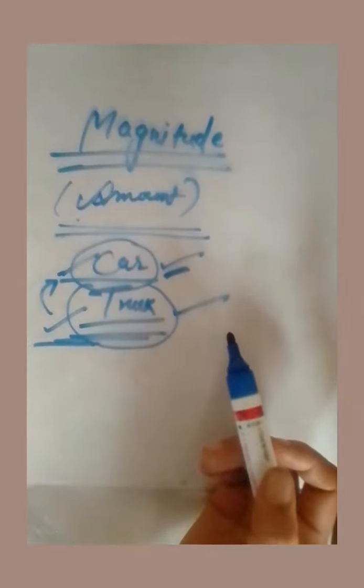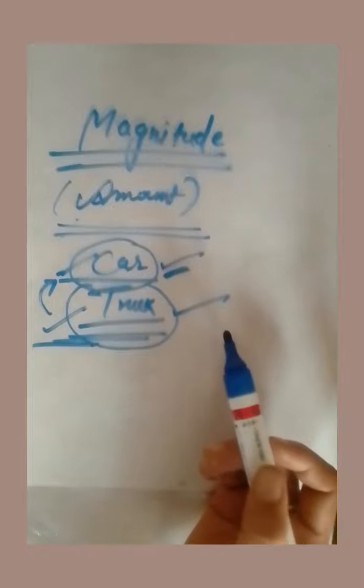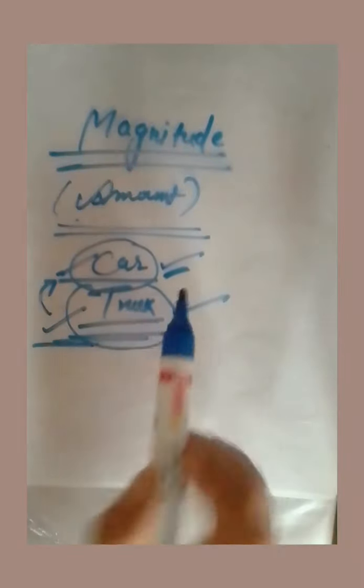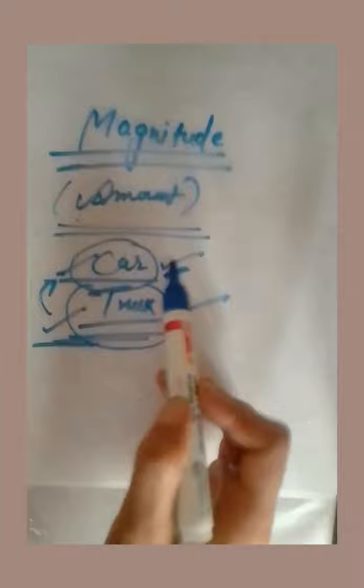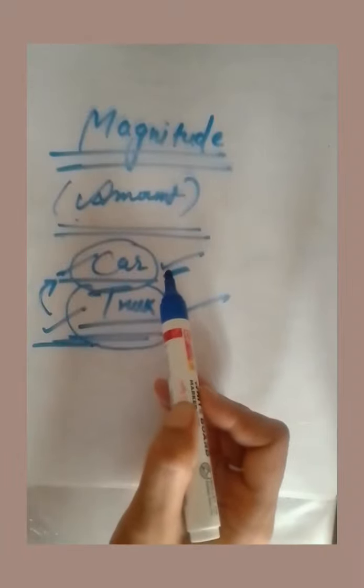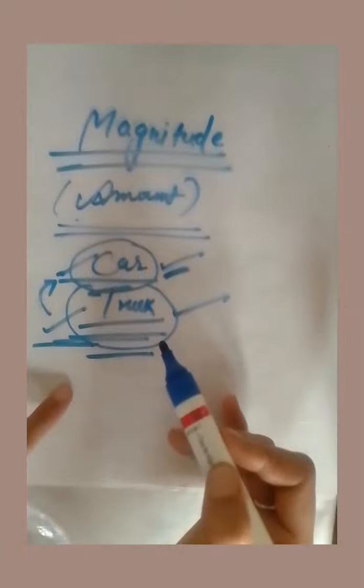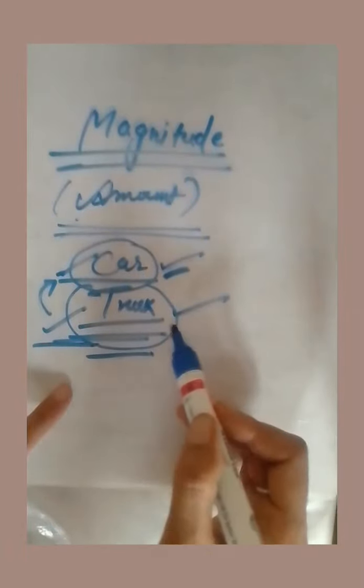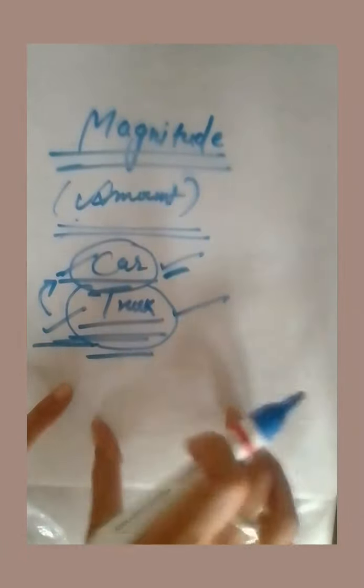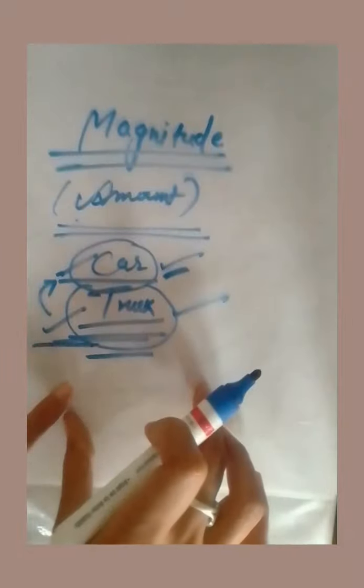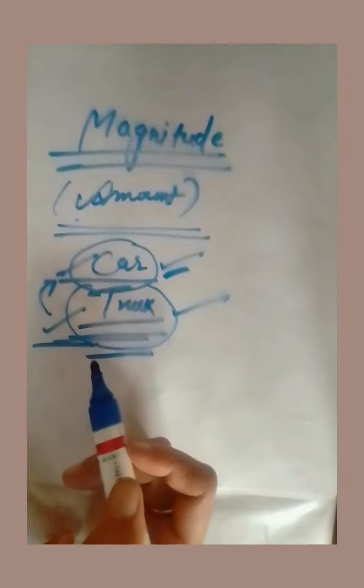So we can realize that the mass of an object and the speed acquired by that object are both important parameters to determine the amount of force, or the magnitude of force needed here, right?